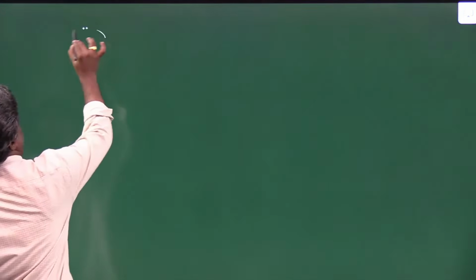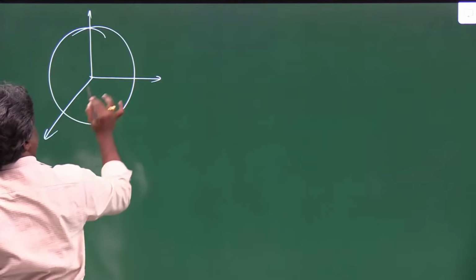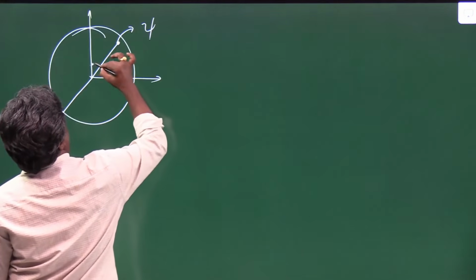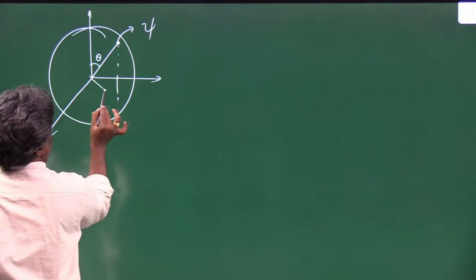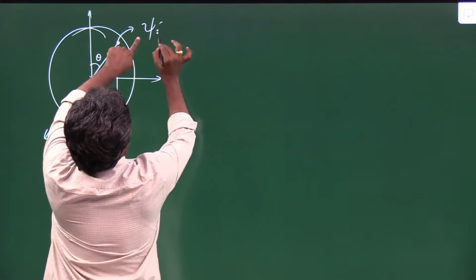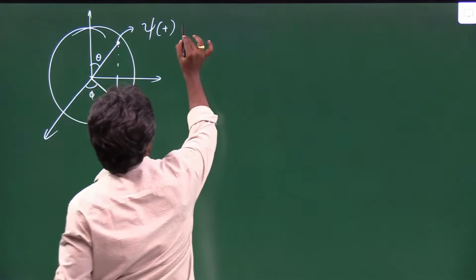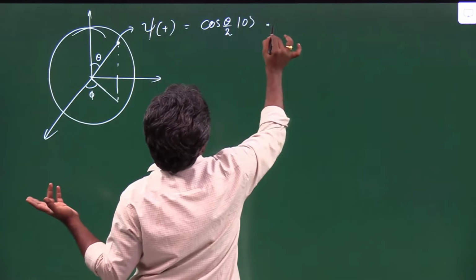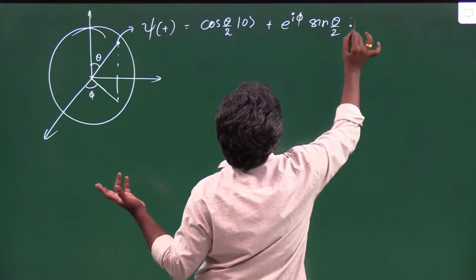So here we have the Bloch sphere and an arbitrary state. Here a small point is there, then we will stop. This is the psi, this is the theta and a projection, and this is angle phi. Now see, sir, here I am taking psi plus. What is the meaning of psi plus? I have taken the plus eigenvalue. I think we got cos theta by 2 ket 0 plus e raised to I phi sin theta by 2 ket 1.